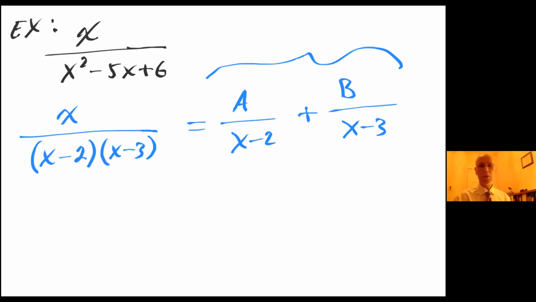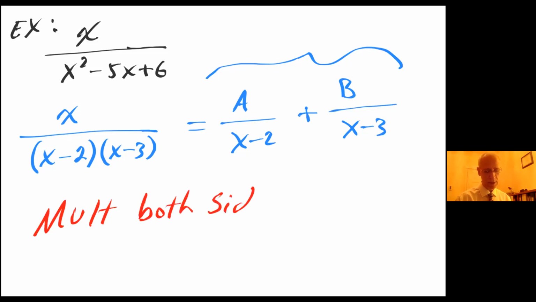Let's multiply both sides of this equation by the least common denominator, x minus 2 times x minus 3.